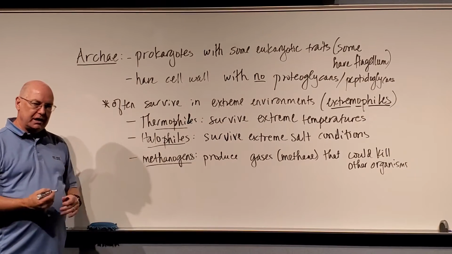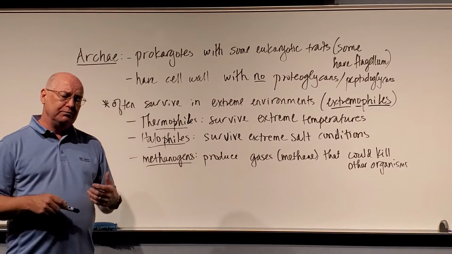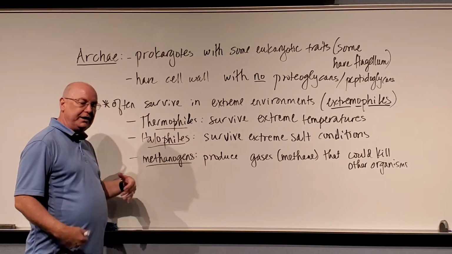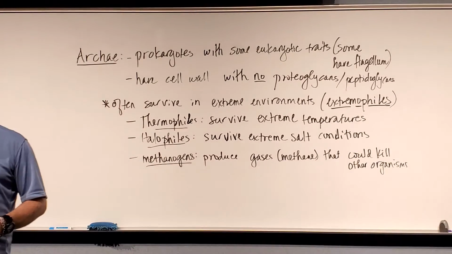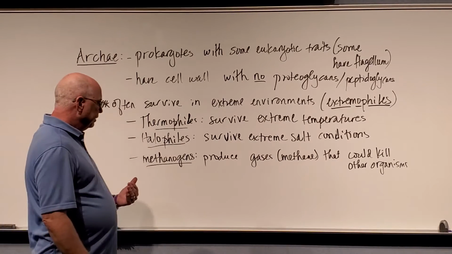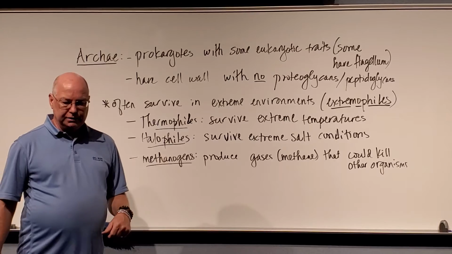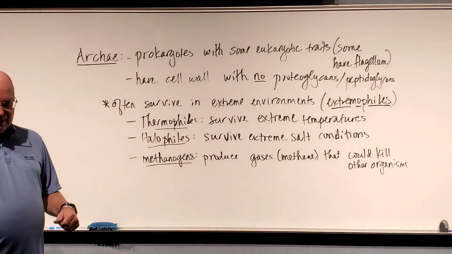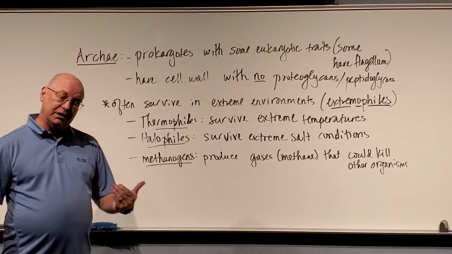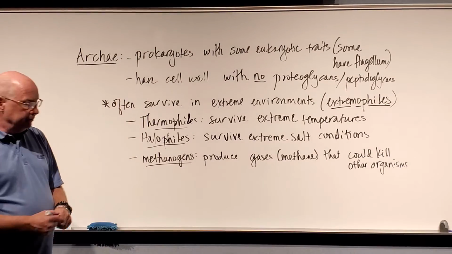Methane gas is a gas that can kill a lot of organisms, but methanogens are generators of methane, or they survive in extremely gassy conditions. Like some of the organisms that can exist, well, they can produce a lot of the gases that are in our gut as they help break down materials.